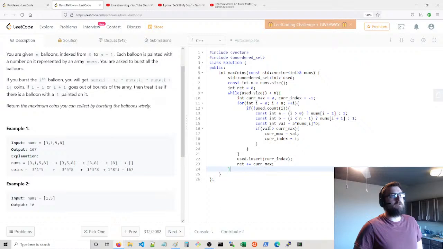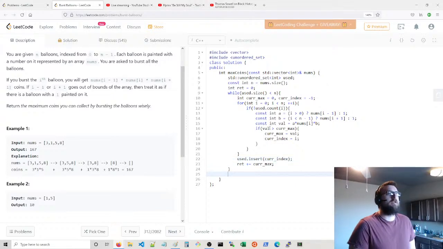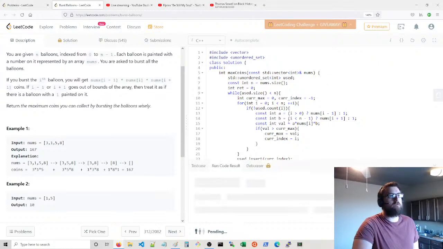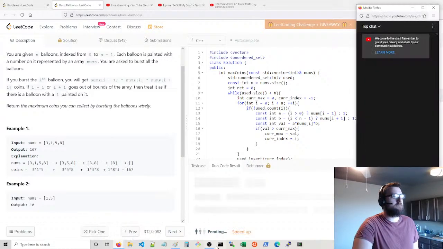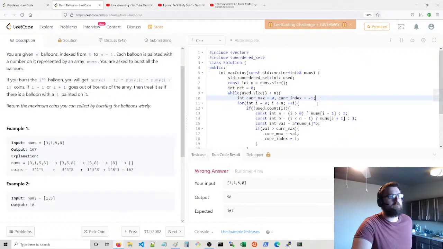So use that balloon, and we'll skip it next time around. And that's it. So then return ret. And I think that's all you do. See, that compiles. I think it's that simple.